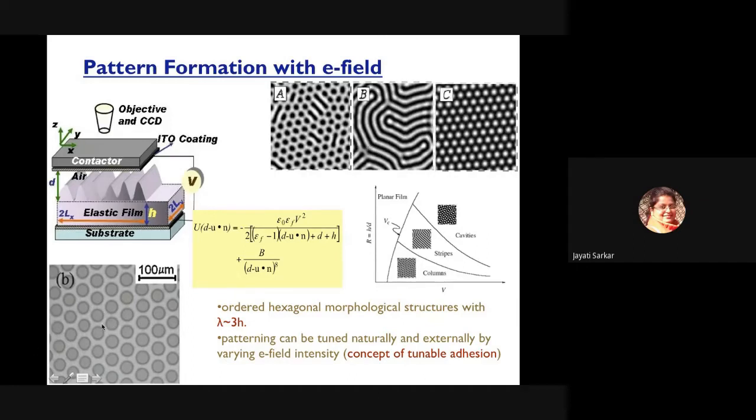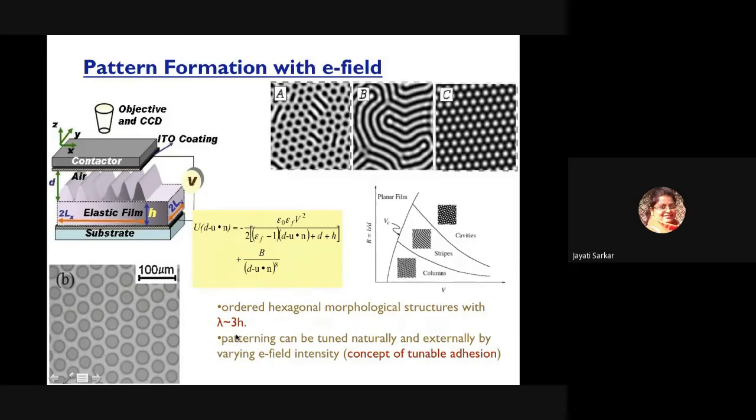These are experimental results where you can get beautiful patterns. So that was one thing that we did with a different potential. In the case of elastic films, it can be seen that you can get patterns like columns, labyrinthine structures, or cavities. And in all these cases, because it is an elastic film, one has seen that the wavelength actually varied as 3h.